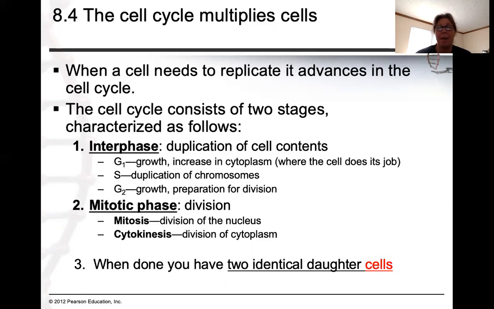The main part is mitosis, where we're dividing the nuclear contents, versus cytokinesis, which is the division of the cytoplasm. So needless to say, when we get done with mitosis, this is also going to be asexual cell reproduction, and so the two identical cells are also called daughter cells.